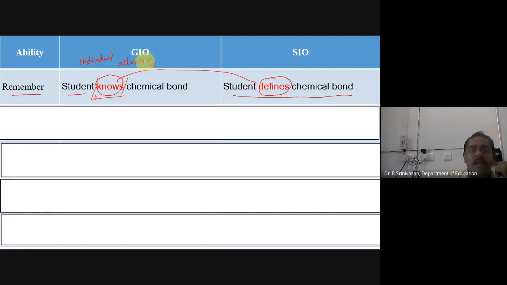And also one more thing, we should not add "to": "student to know about chemical bond, student to define chemical bond." These two should not be added. Why is it so?